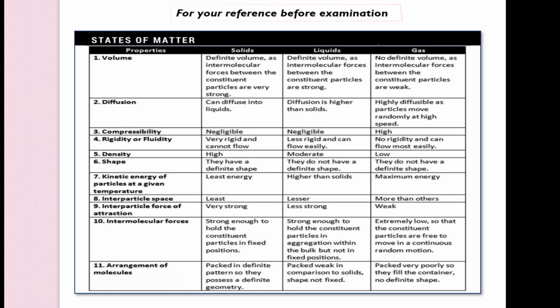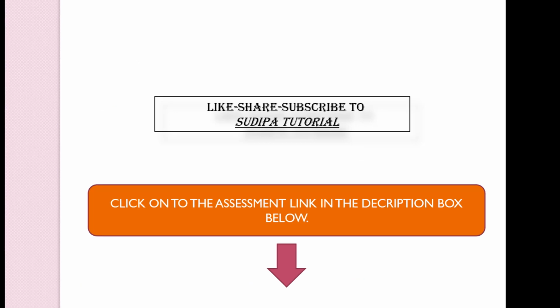The difference in the states of matter based on the properties like volume, diffusion, compressibility, rigidity or fluidity, density, shape, kinetic energy, interparticle space, interparticle force, intermolecular force, and arrangement of the molecules are given for solids, liquids, and gases. This will be of help to you before your examinations.